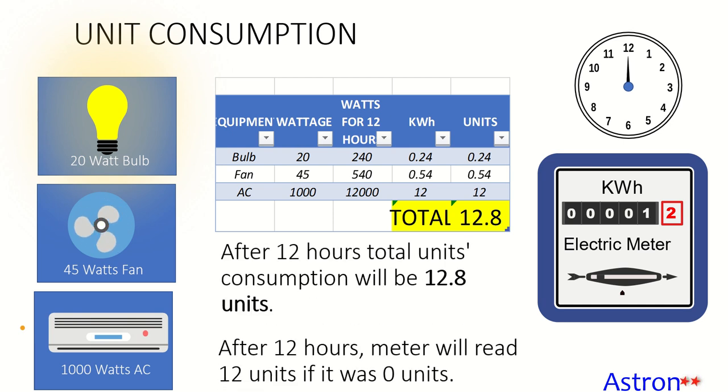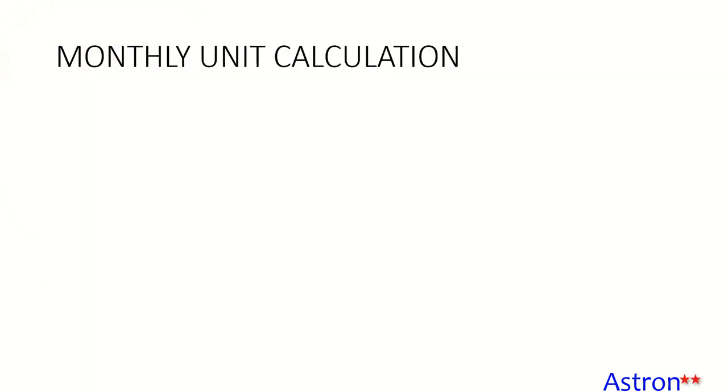After 12 hours, our meter will read 12 units. The unit consumption is 12.8 units, and the meter does not take fractions, so the meter will read 12 units after 12 hours.